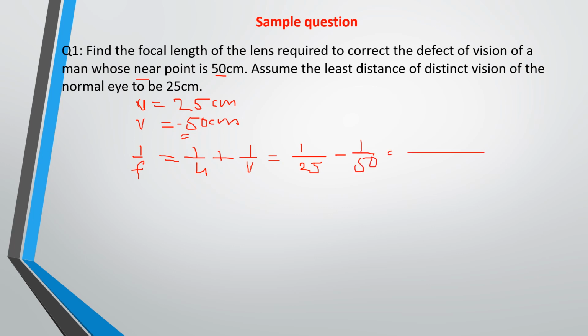The LCM of 25 and 50 is 50. So 2 minus 1 over 50 gives us 1 over 50, and then 1 over f equals 1 over 50. So f will be equal to 50 centimeters. The focal length of the lens required is 50 centimeters.